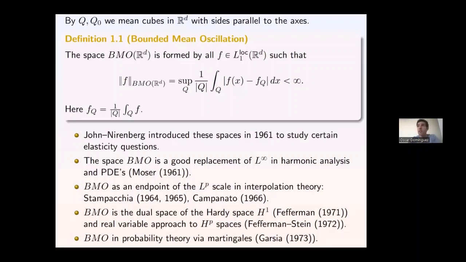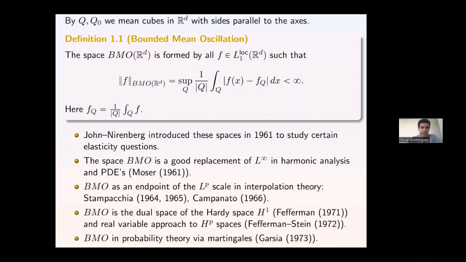Roughly speaking, interpolating between L^p and L infinity is equivalent to interpolating between L^p and BMO. As I already mentioned, this is very useful in applications because many classical operators in harmonic analysis fail to be bounded on L infinity, but they are bounded on BMO. So one can use the machinery of interpolation theory in connection with BMO.